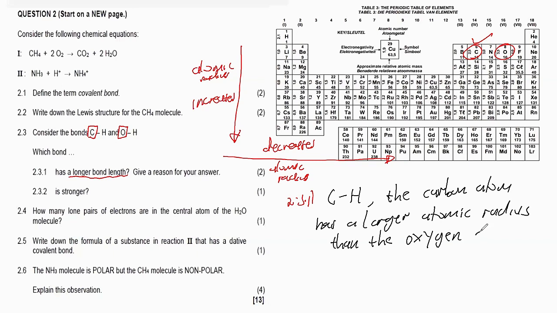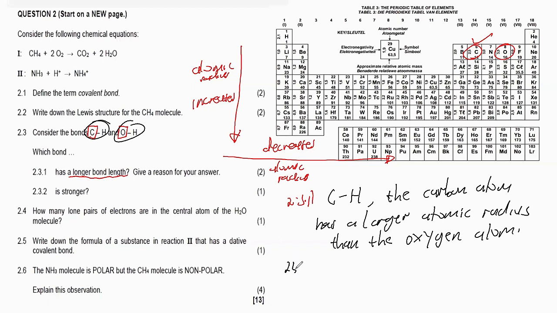So that's it. The reason this bond now has a longer bond length is because the carbon atom has a larger atomic radius than the oxygen atom. So this one will have a longer bond length, while this one has a shorter bond length.